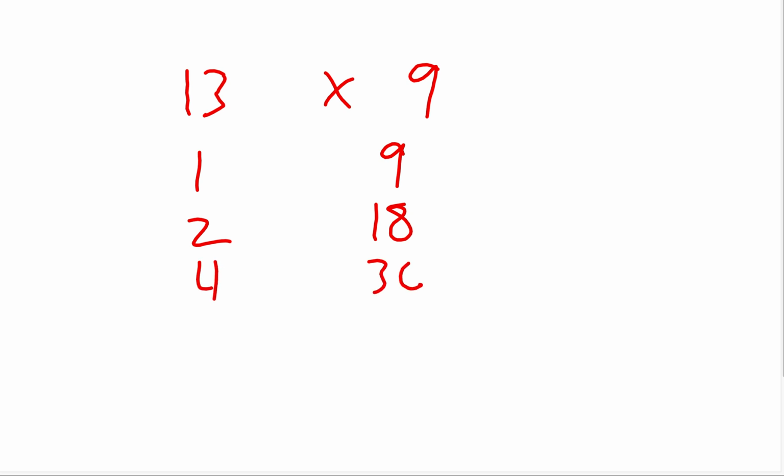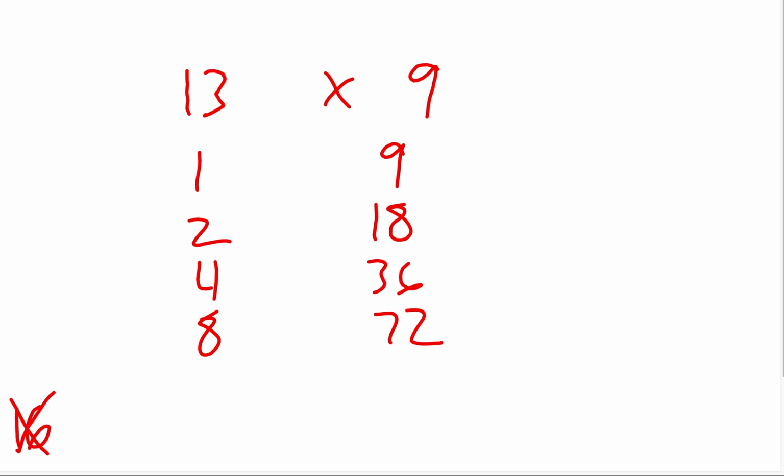If we go 13 times 9, it's 1 and 9, 2 and 18, 4 and 36, 8 and 72, and then we're going to stop because 16 is more than 13.